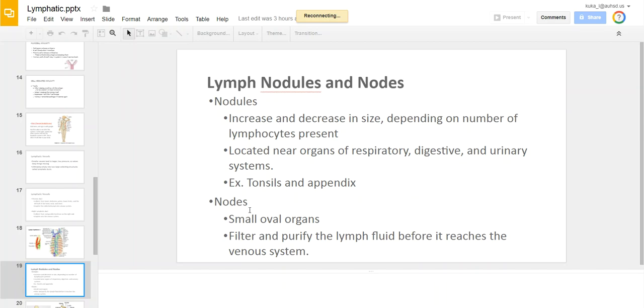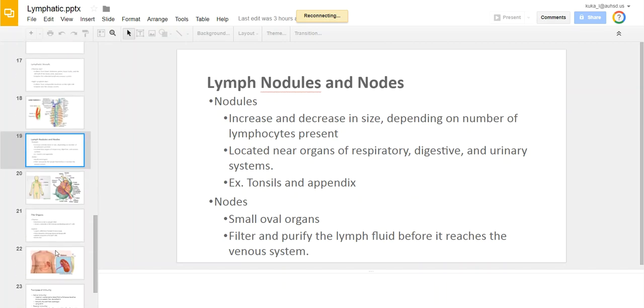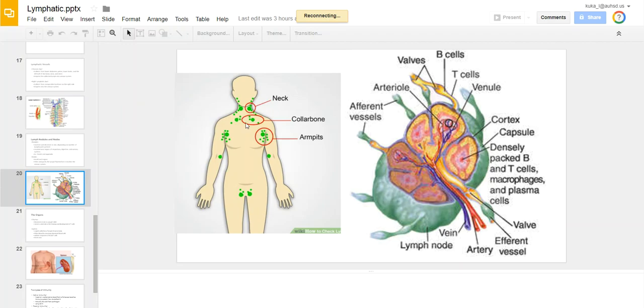Actual nodes, they're a little bit bigger, but they're still small oval organs, and these filter and purify the lymph fluid before it reaches the venous system. So here's a picture here. These are your main ones. So these are the ones in the neck that the doctor is usually trying to feel. This is what it looks like up close.